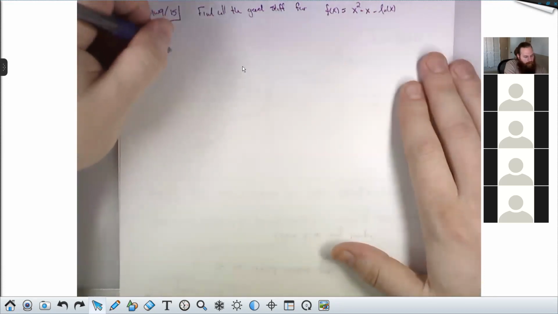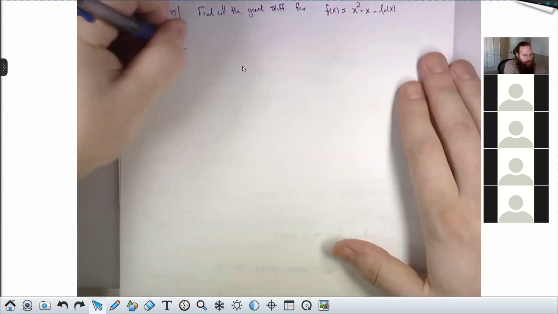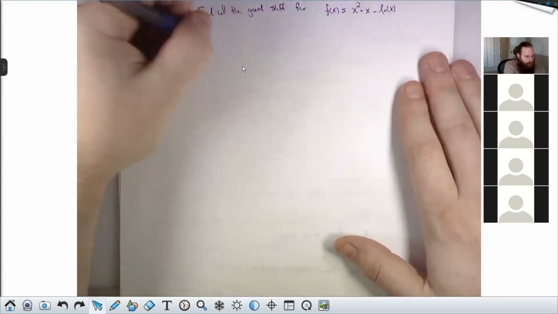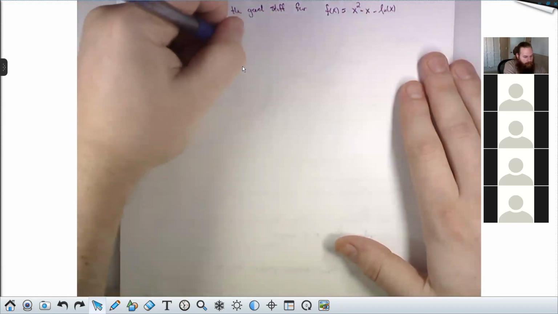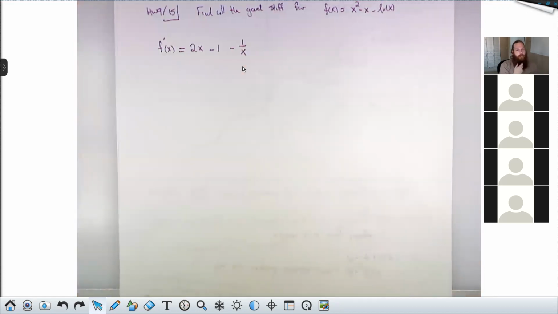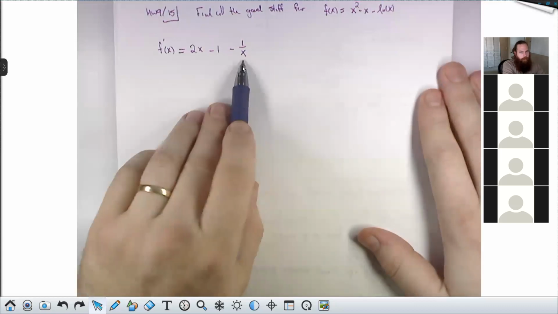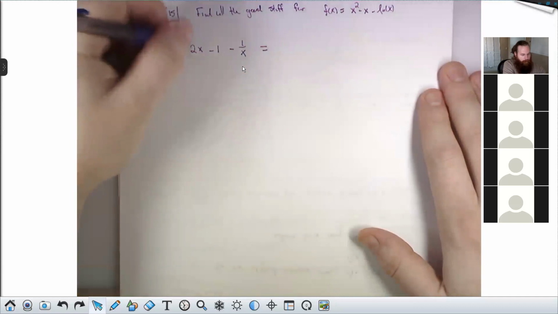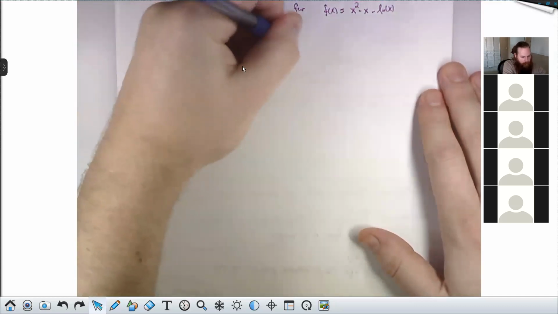F primed is where I get started. The derivative of x squared is 2x. The derivative of x is 1. And the derivative of ln x is 1 over x. If I want to find where this is 0 or undefined, I need to have a common denominator. And the only denominator I can use here is x. So I multiply this by x over x.